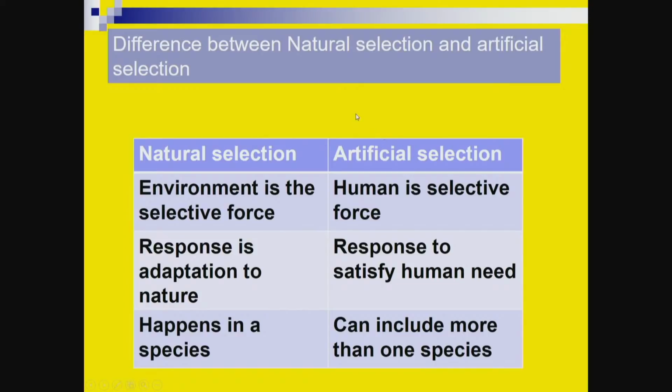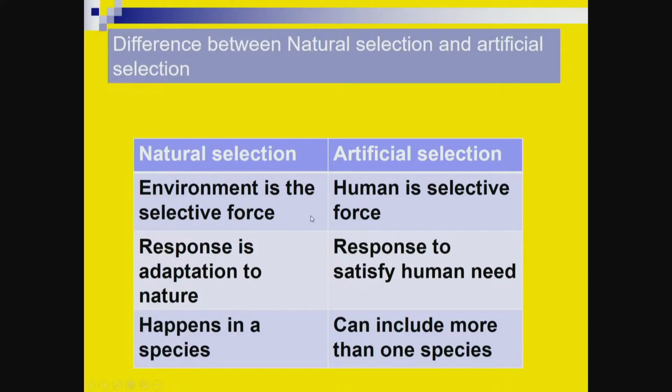So they can either ask what is artificial selection, and then you state it's a human, that is the selective force, responds to satisfy human need and can include more than one species. Or what is natural selection, then you state that.